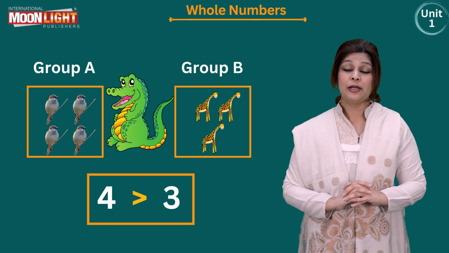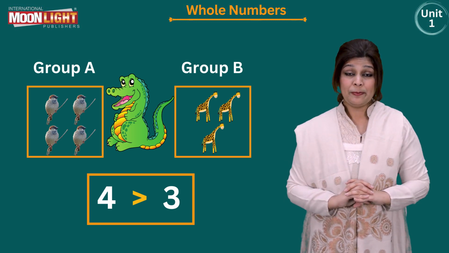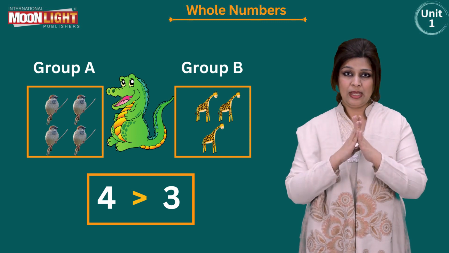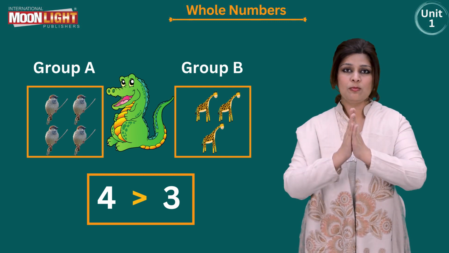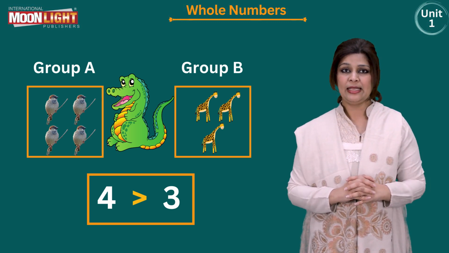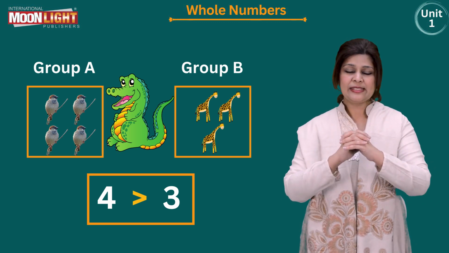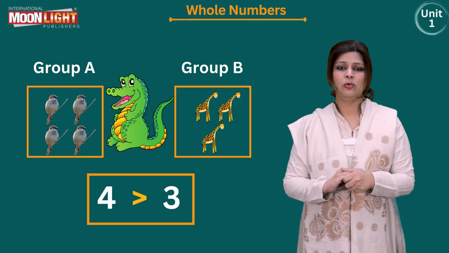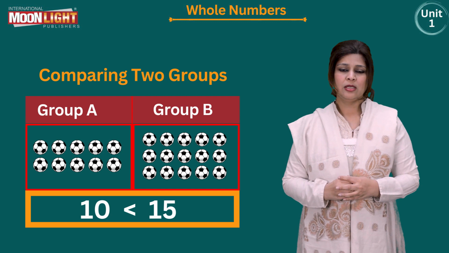But we are going to compare the groups. So I can say that group A is more than group B, or I can say that group B is less than group A.